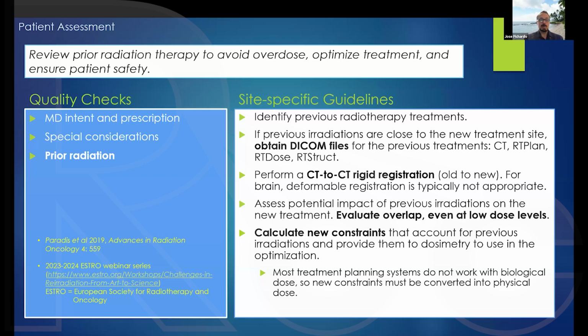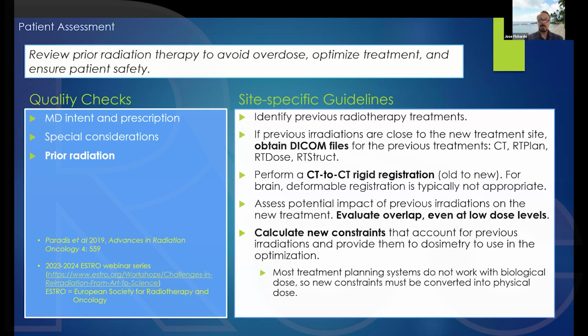You should perform a CT to CT rigid registration, right? For brain, deformable registration is almost never used. I mean, it should only be used in very, very specific cases where you have no other option. But for brains, rigid registration is more than sufficient. You should always see where the previous dose fell relative to where you're treating now, right?